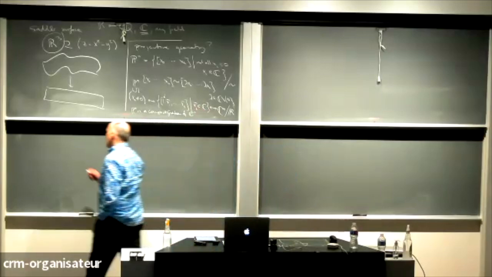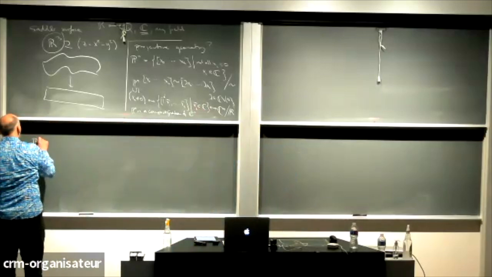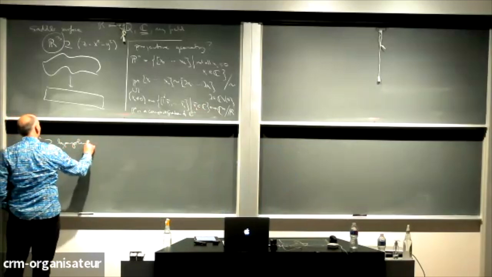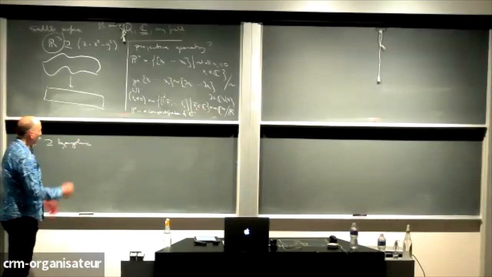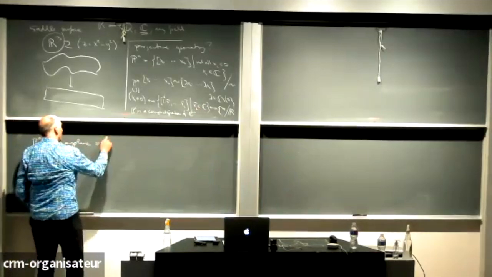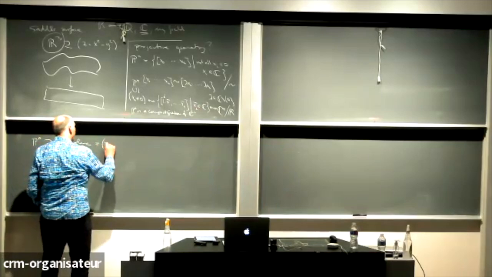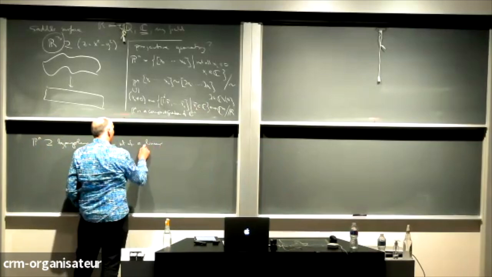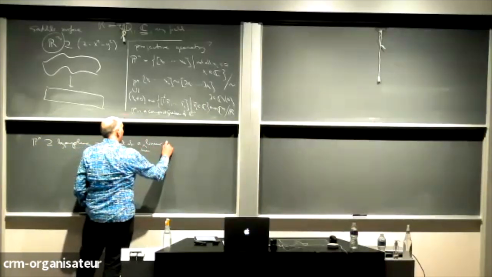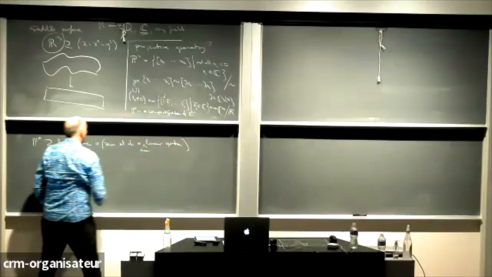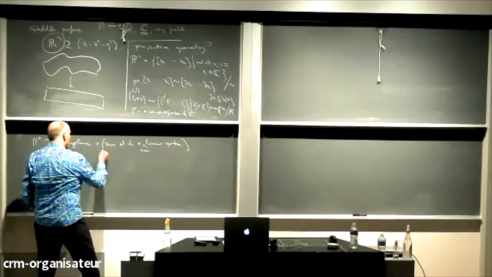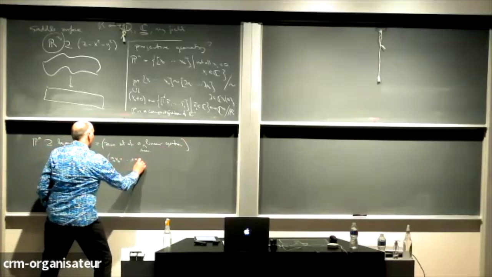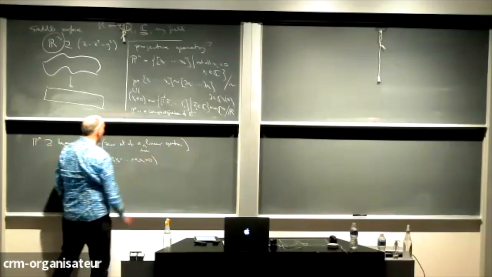So another thing that we'll need is that in Pn, I can look at hyperplanes. A hyperplane is a linear subspace. It is defined by the zero set of a homogeneous linear equation. In other words, it could be defined by something like A0 x0 plus ... plus An xn equals 0.